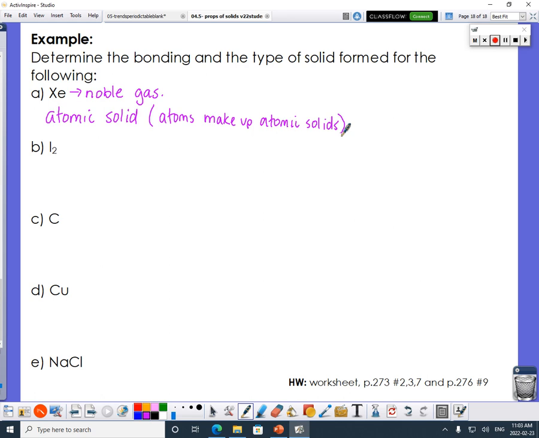And then you can use the chart we just filled in to help you. What kind of forces are in atomic solids? Good.